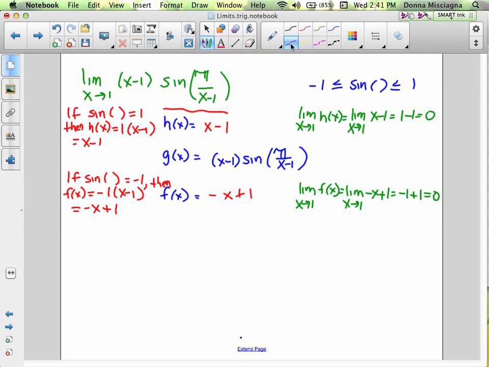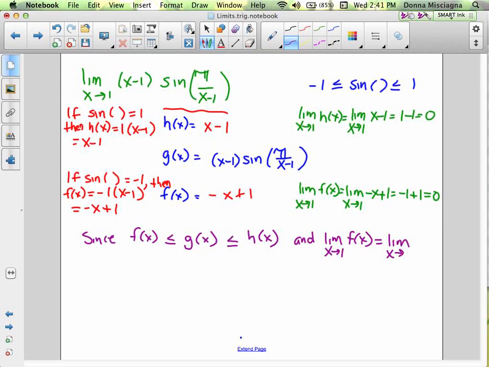So since f of x is less than or equal to g of x, it'll be equal when sine blop is -1, is less than or equal to h of x, it'll be equal when sine blop is 1, and the limit as x approaches 1 of f of x equals the limit as x approaches 1 of h of x.